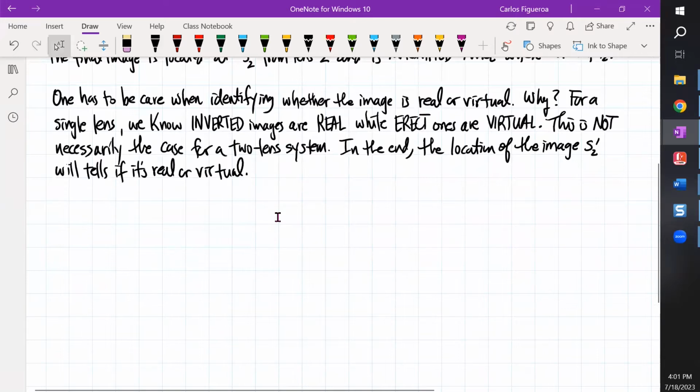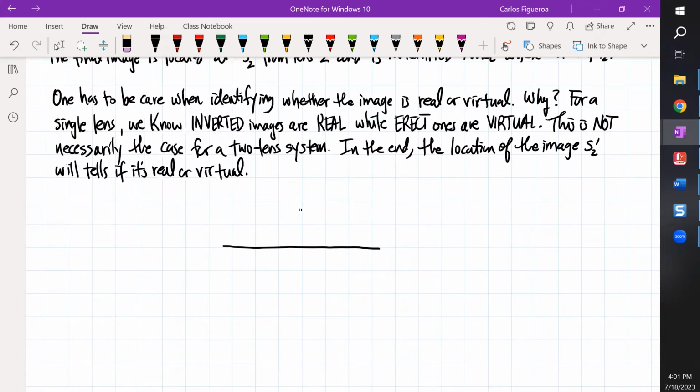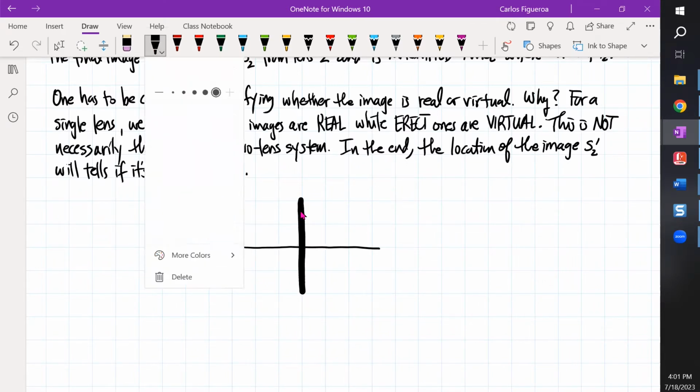So let's say that I have something like this. Let's get a nice thick line to separate my lens here.